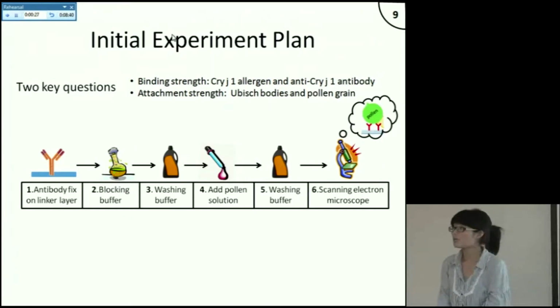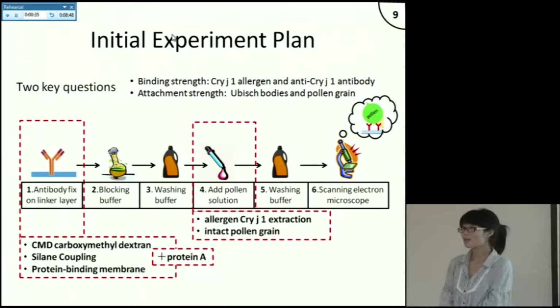If the whole pollen can be successfully captured by the antibody, the future research work is possible. But before the observation, I need to find a way to fix the antibody on the linker layer and to find a pollen solution that can realize allergen extraction without totally destroying the pollen grain.